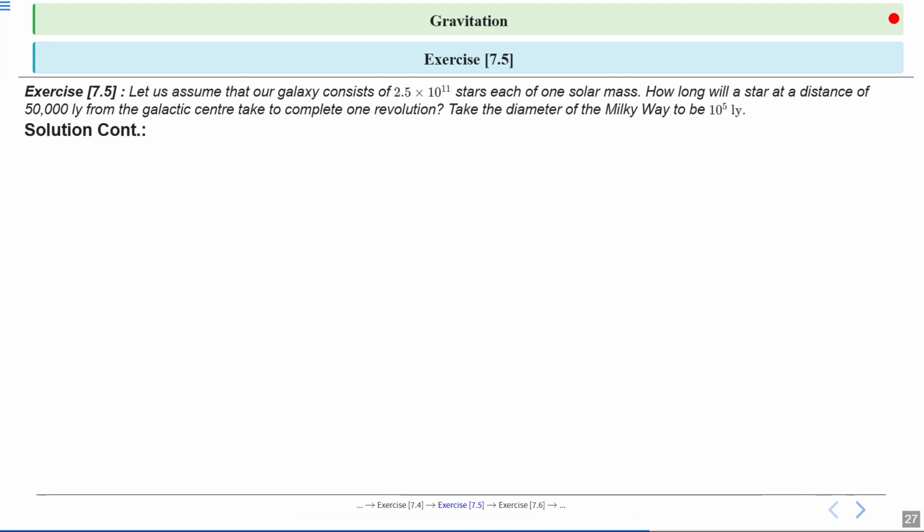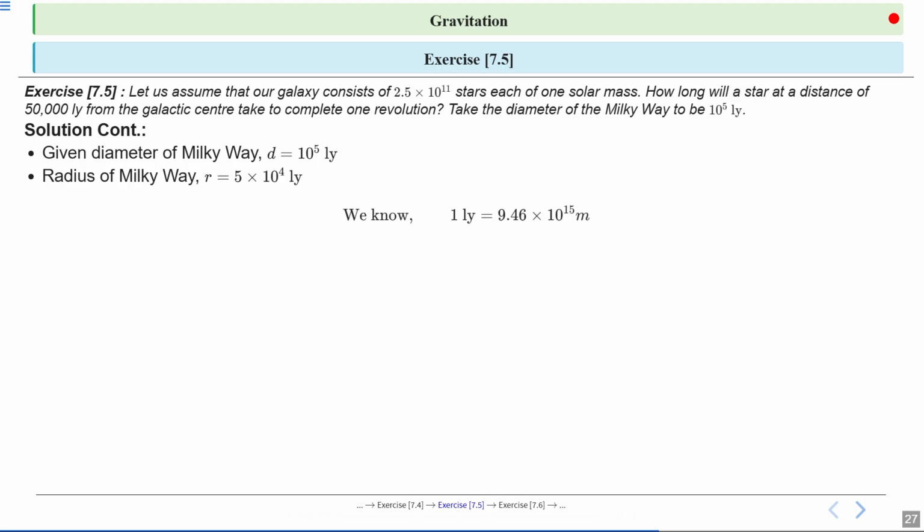So first, we need to know the diameter of the Milky Way, which is given as 10 raised to the power 5 light years. The radius of the Milky Way R is equal to 5 into 10 raised to the power 4 light years.